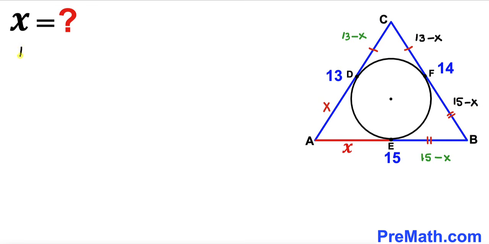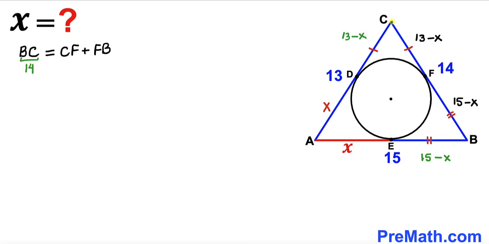Therefore I can write that this side length BC is CF plus FB. Now we know that BC is 14, so I am going to substitute 14 here.